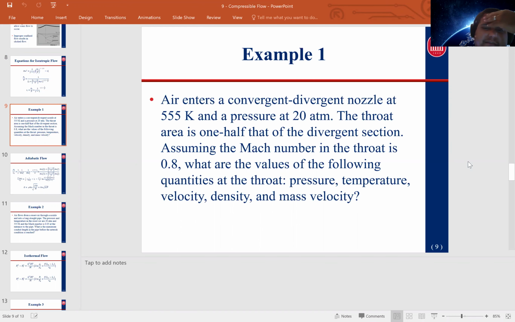If the throat area is 1/2 that of the divergent section, and assuming the Mach number in the throat is 0.8, what are the values of the following quantities at the throat? Pressure, temperature, velocity, density, and mass velocity, G. So I'll give you guys a second to write these things down. Then we'll work together to solve this out.